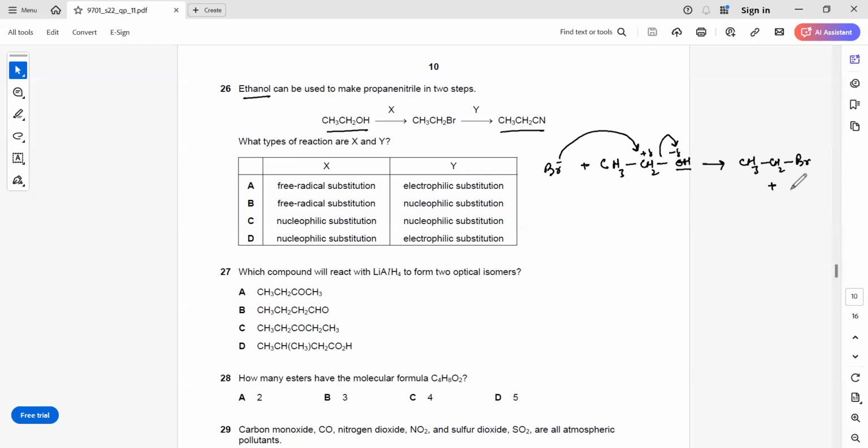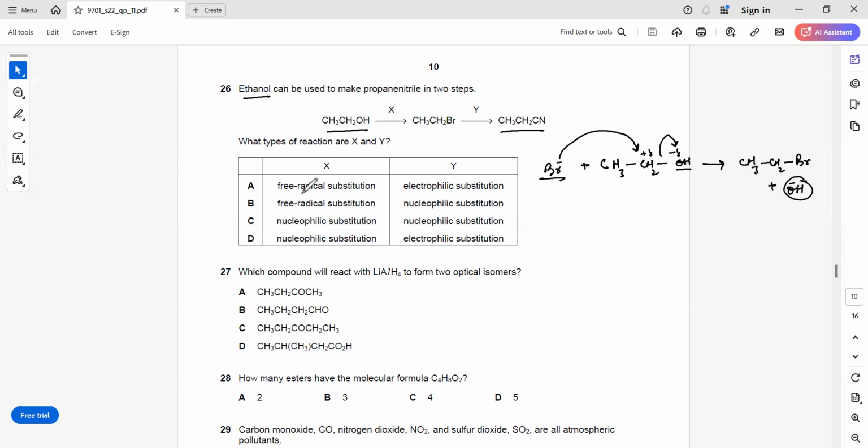Along with hydroxide ions. So which type of reaction is it actually? One nucleophile is substituting another nucleophile. So it's a nucleophilic substitution reaction.